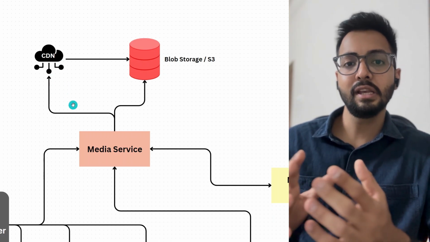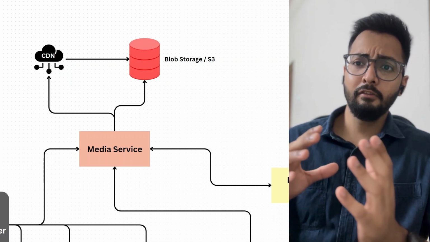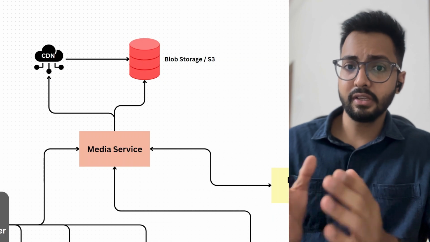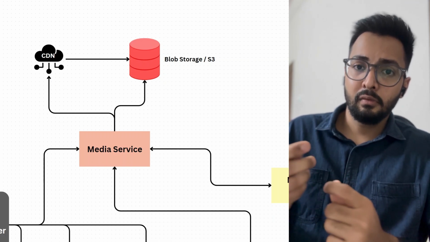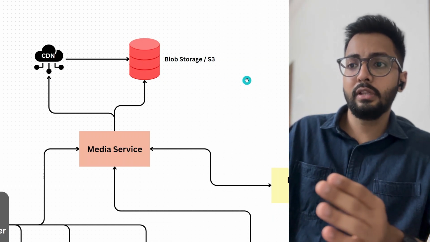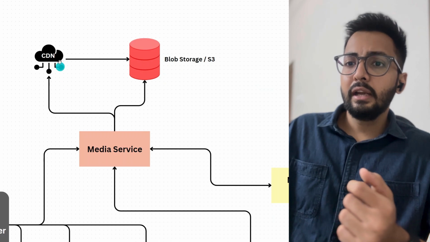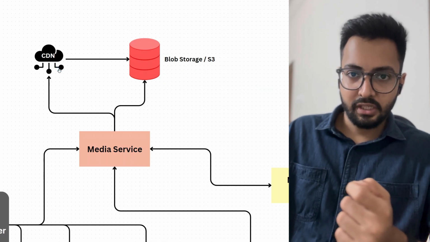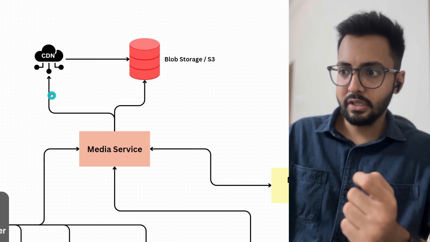Now CDN is a content delivery network, which is a network of multiple servers across the globe, used to reduce the latency and to reduce the cost of S3 query calls. It will store the images in cache, so this CDN is used to fetch the image.